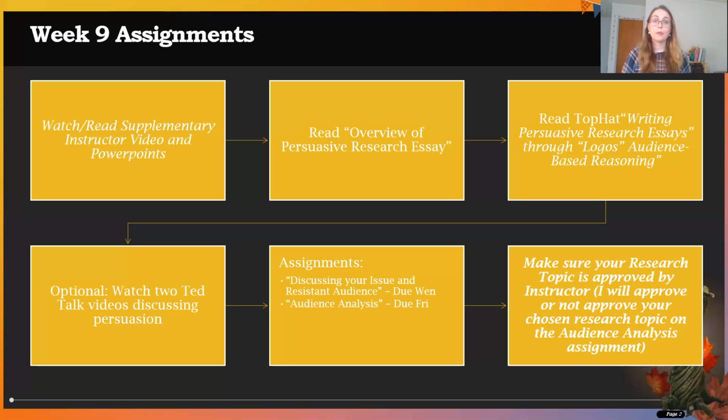Even though this is a persuasive research essay and you are able to choose your own topic, there are certain constraints and limitations to it. So again, this is for your benefit. Please make sure you get your topic approved by me. And if you want to brainstorm with me, please join me for office hours. I'm happy to set up a meeting this week or next week.